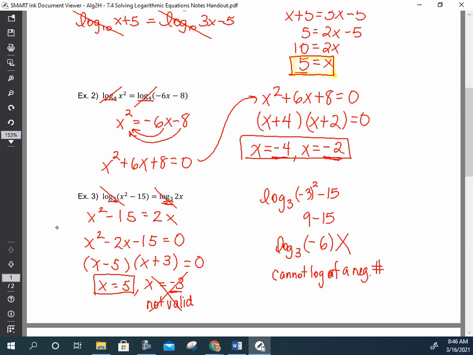I want to at least make sure you saw one example of where something's not going to work. Other than that, not a hard problem. If the bases are the same, cancel them out and solve everything that's left. Any questions before we continue?